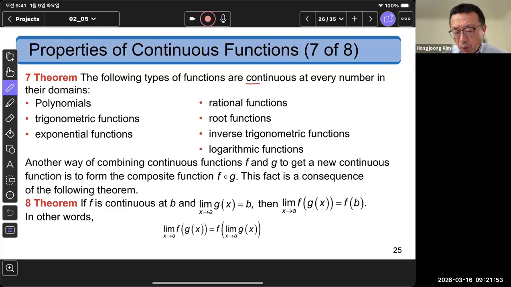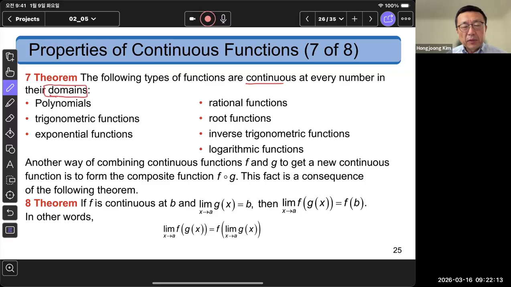These are all continuous, including the trigonometric functions like sine, cosine, or even tangent, if I restrict the value of x to the domain.